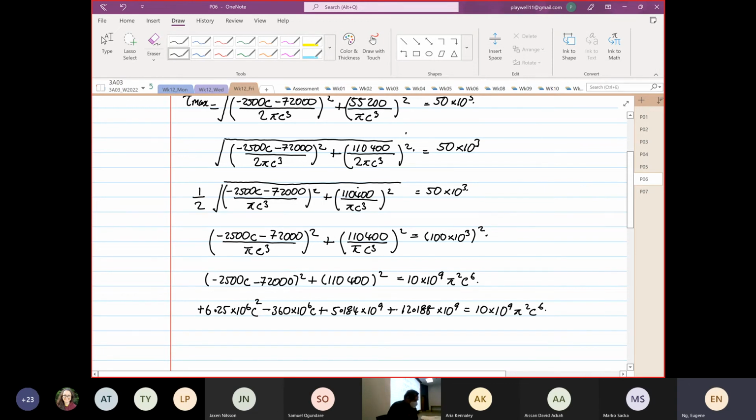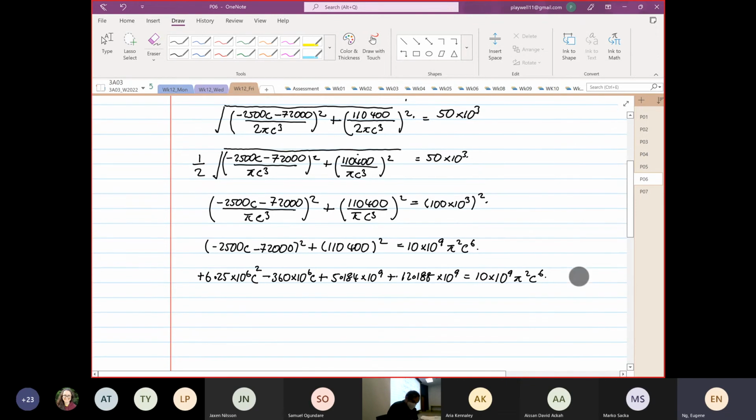Okay. So we are going to solve this equation. We know that this can be equal to 6.25 C squared minus 360 C plus 5.18 plus 12.188, which is equal to 17.372 times 10 to the power 3, and this will be equal to 10 times 10 to the power 3 pi squared C^6.